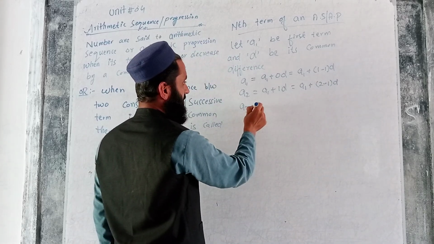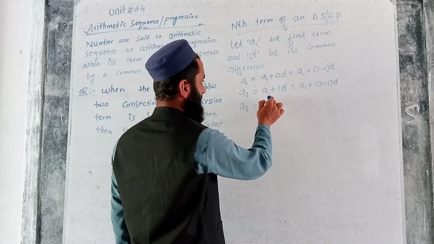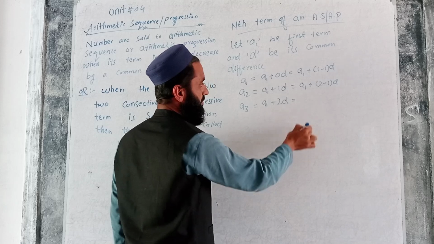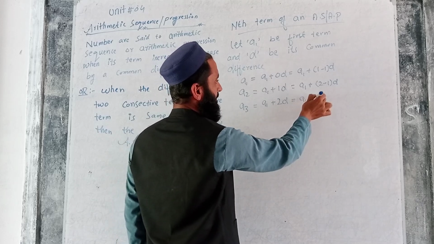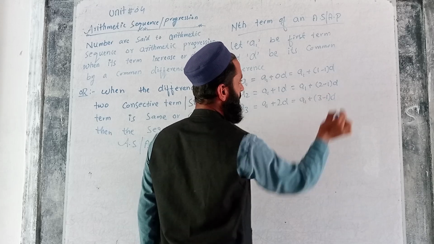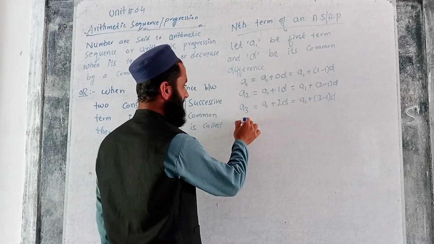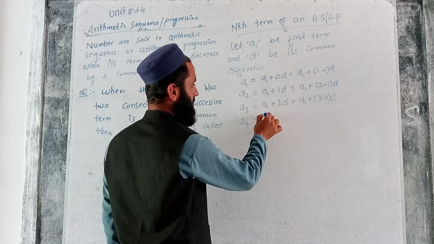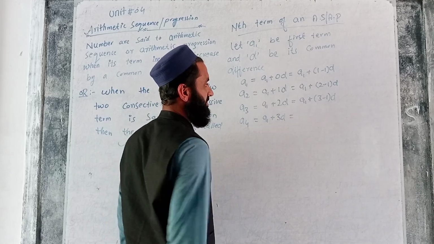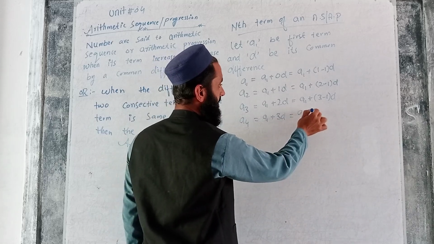Similarly, A3 is equal to A1 plus 2D, which is equal to A1 plus 3 minus 1 into D. Similarly, A4 is equal to A1 plus 3D, which is equal to A1 plus 3.